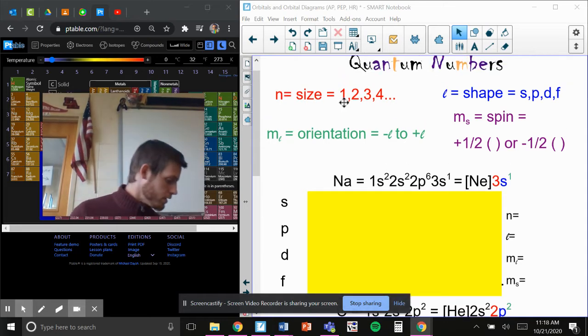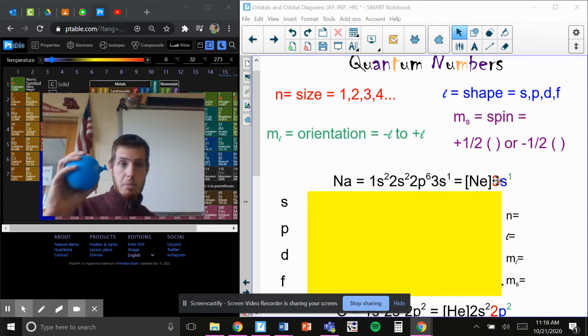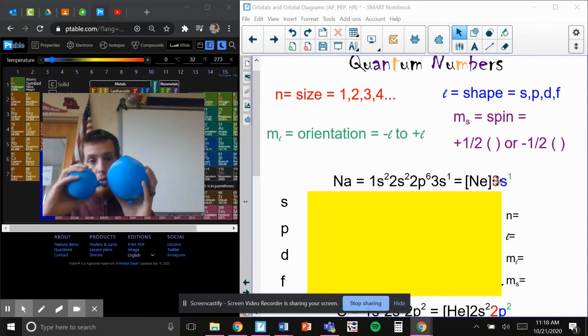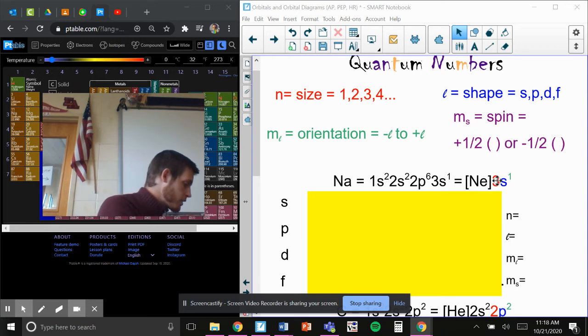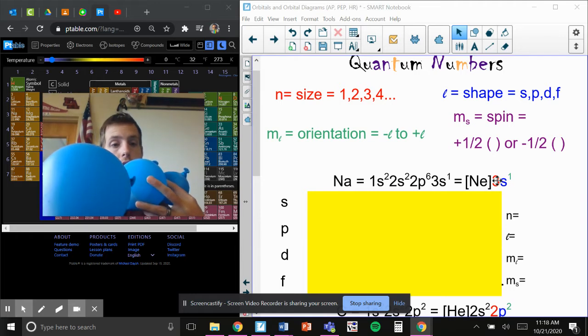So the size is referring to, again, the large number here. And you can see I color-coded that red. That instantly tells you that this is going to be the third of the s's, which can be big. So imagine this is maybe a 1s, a 2s, which is bigger, as you can see, and then a 3s might be something even bigger than that.